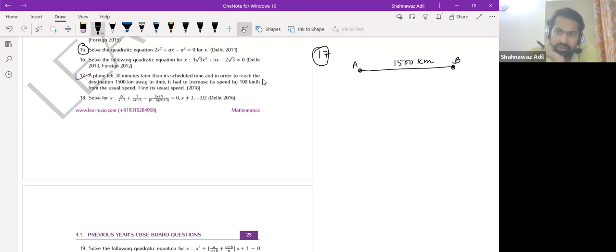Okay, so the distance between these two points is 1500 kilometers, right? And what should we assume in these kinds of questions, Shoaib? Do you remember? Yes, Shoaib, are you there?